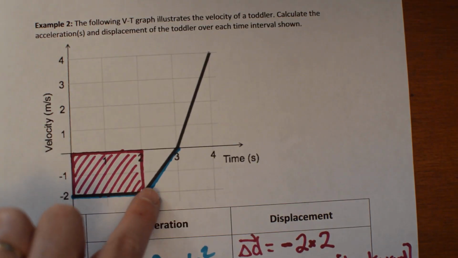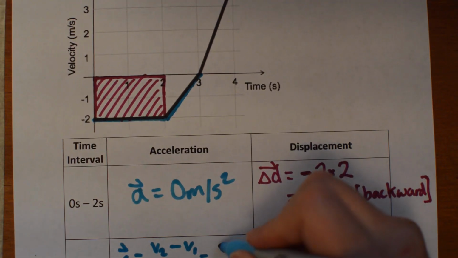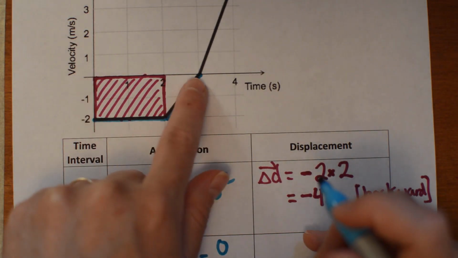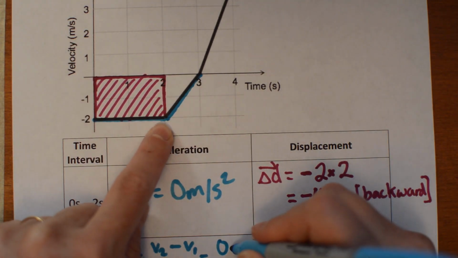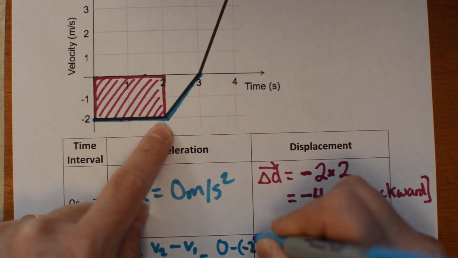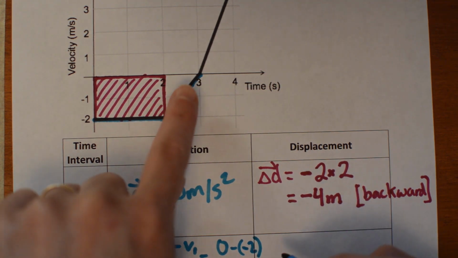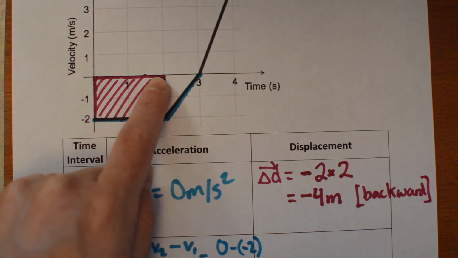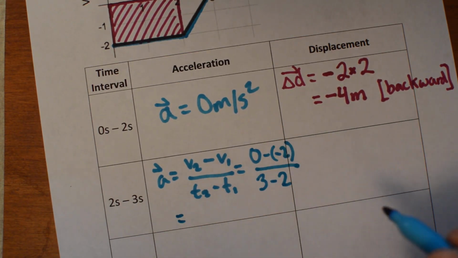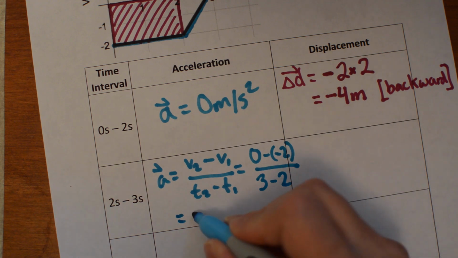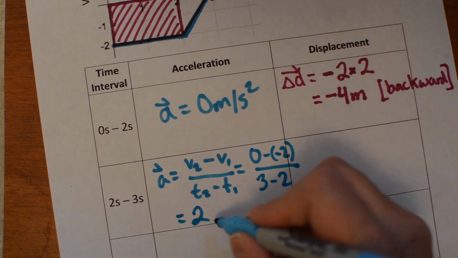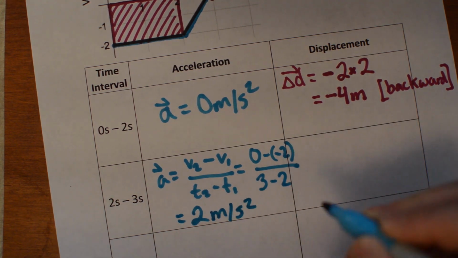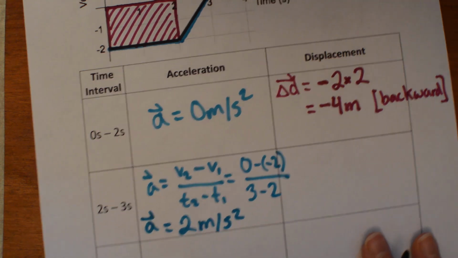Our v2, we reach 0 meters per second, and I start at -2, so 0 minus a -2, divided by t2 which is 3, minus t1 which is 2. So on the top I have +2 over 1 on the bottom. That gives me 2 meters per second squared for my acceleration.